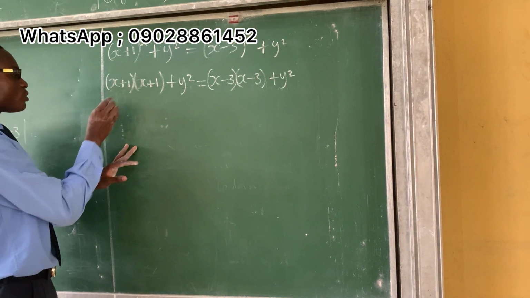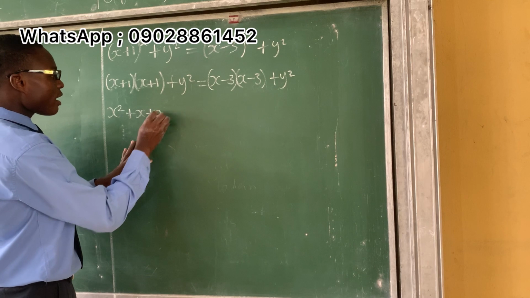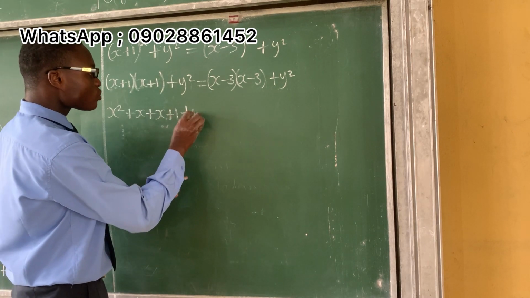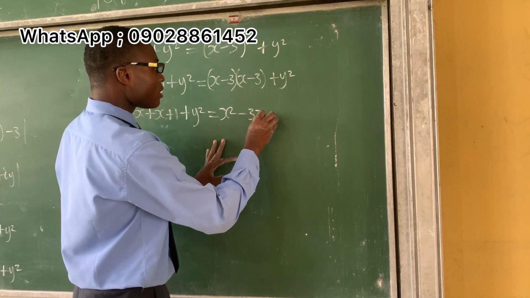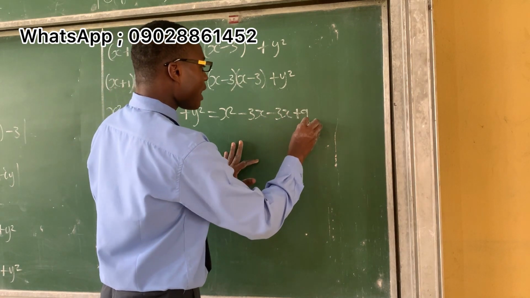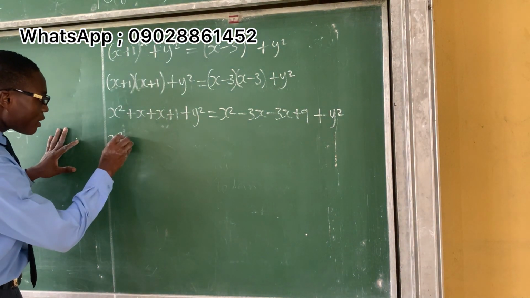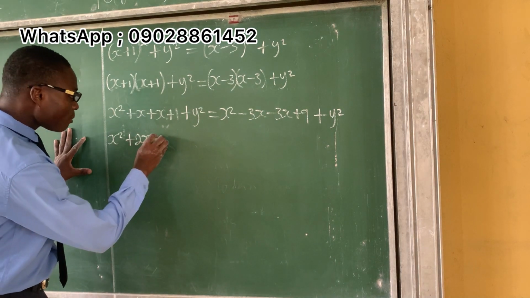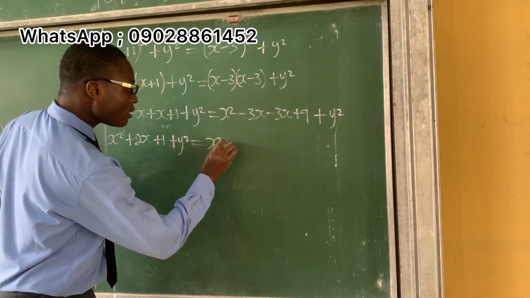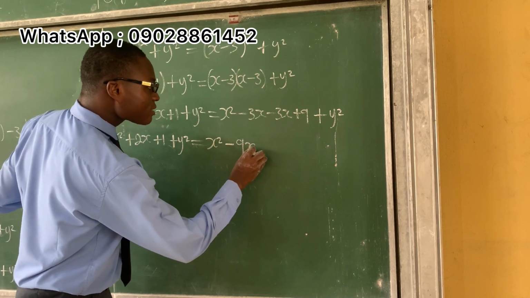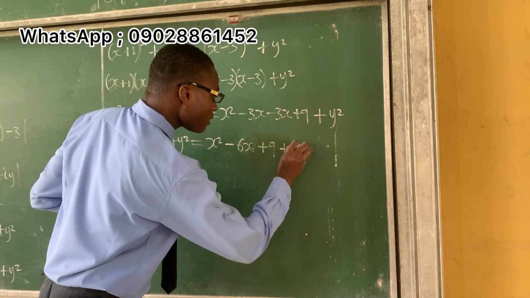So multiplying this out, we are going to have x squared plus 2x plus 1 plus y squared equal to x squared minus 6x plus 9 plus y squared.